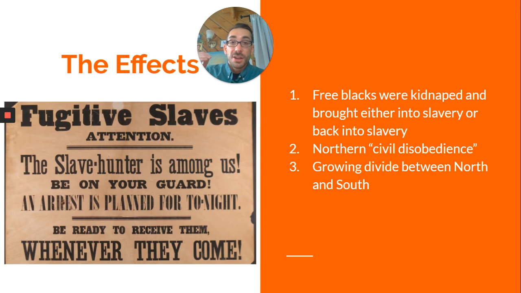The Fugitive Slave Act and these now Northern-assisted slave hunters, kidnappers, and catchers could go find any free black person living in the North, kidnap them, and then bring them to slavery. That means, just like David Ruggles, if you've already looked at the Underground Railroad material, David Ruggles, born a free black man, was almost kidnapped and brought into slavery.